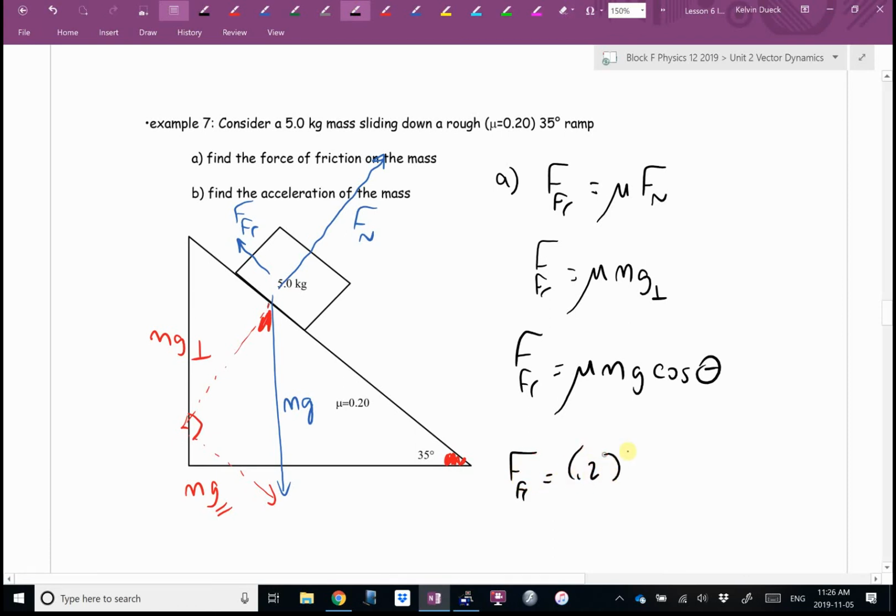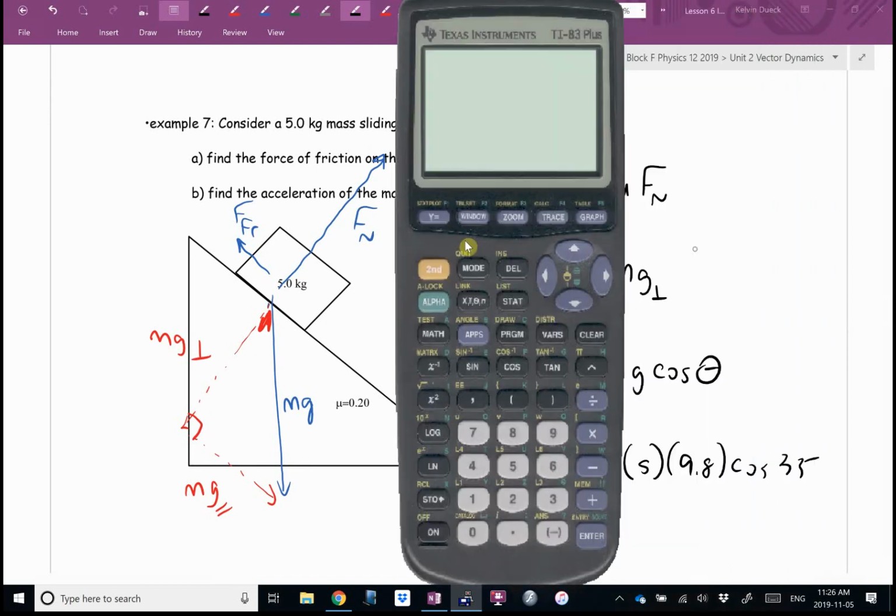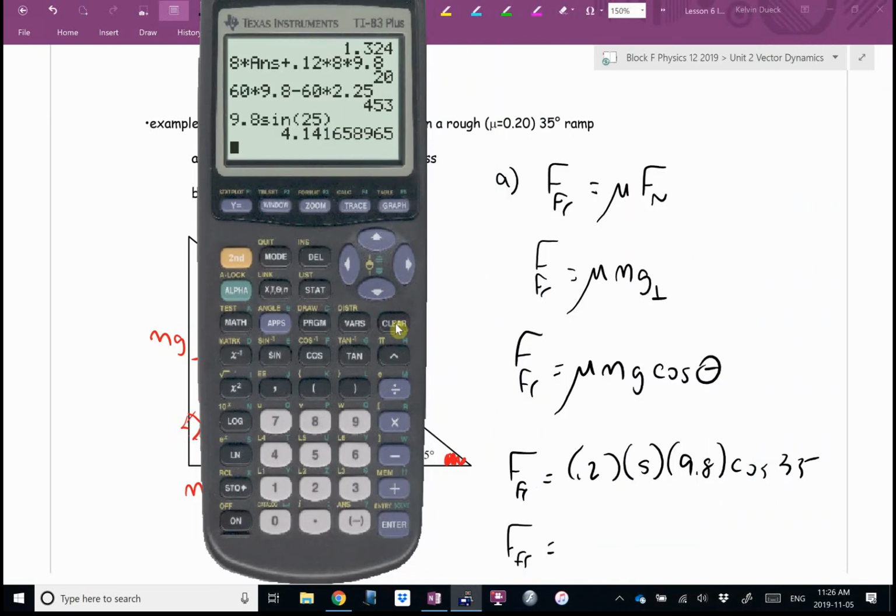0.2 times 5 times 9.8 cosine of 35. You get 8.02769.